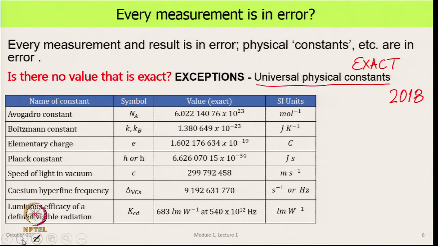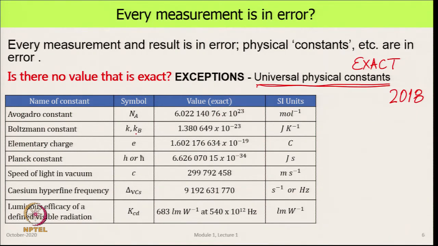These are the 7 constants which are known as the universal physical constants. First is the Avogadro constant, symbol is Na, the value is given here and the units are there.